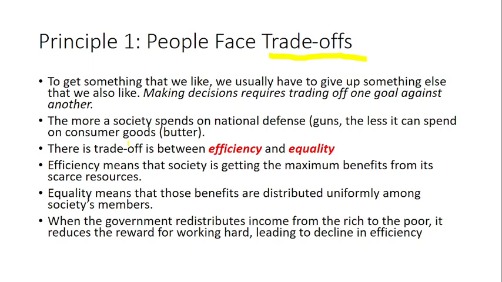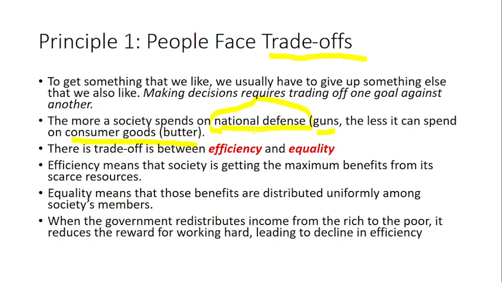Let us take this to the case of a society. In the case of a society or a country, we need two important things. First, to protect ourselves from foreigners, we need a national defense mechanism, for which we have to produce guns. And to feed our population, we need to produce consumer goods.